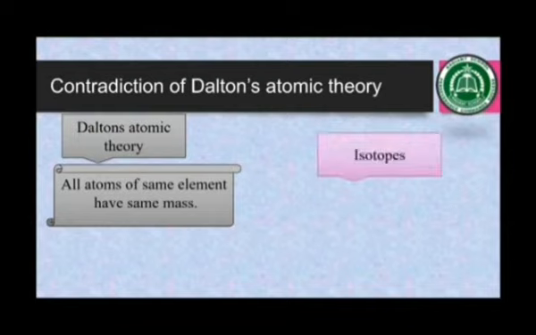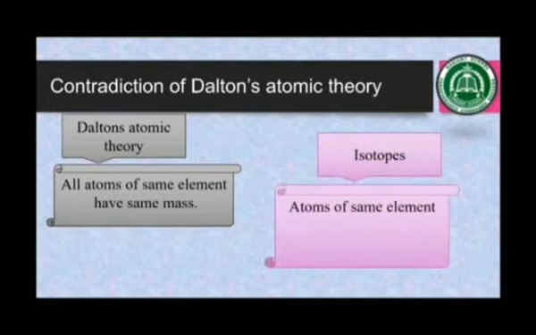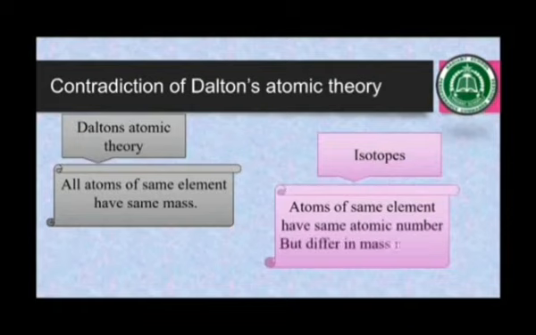But after the discovery of isotopes, Soddy explained that isotopes are the atoms of the same element that have the same atomic number but different mass number. So the discovery of isotopes proved that some of Dalton's ideas about atoms were not correct. So there were contradictions in Dalton's atomic theory.